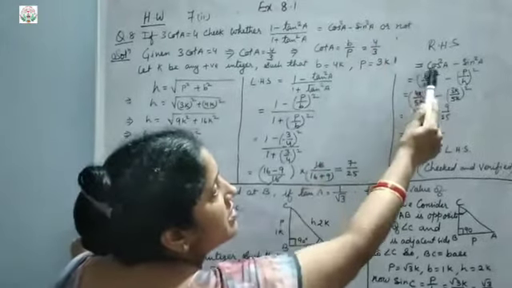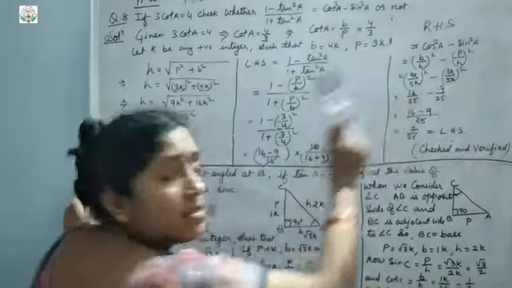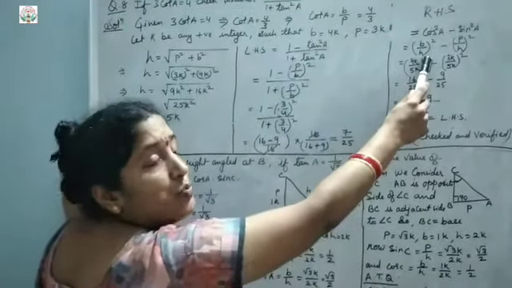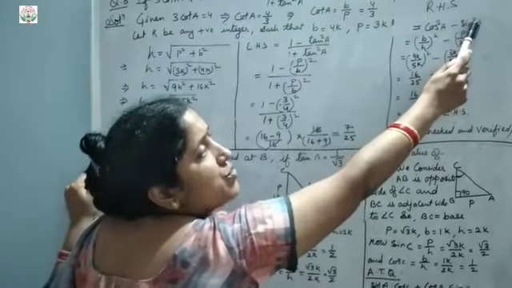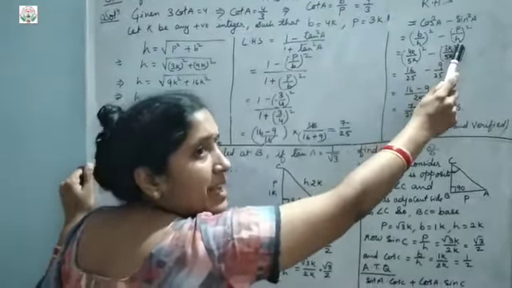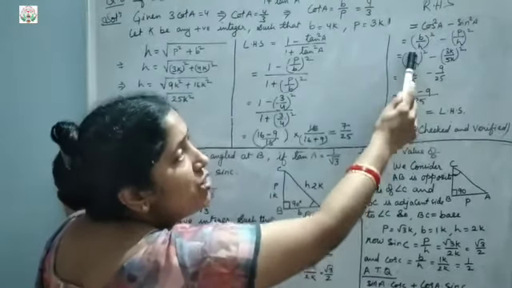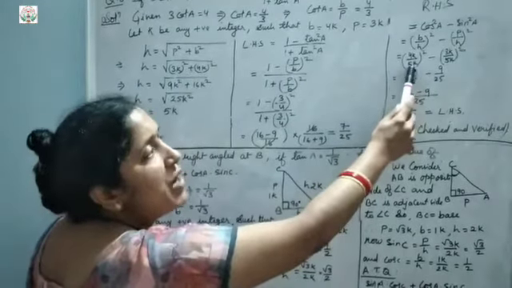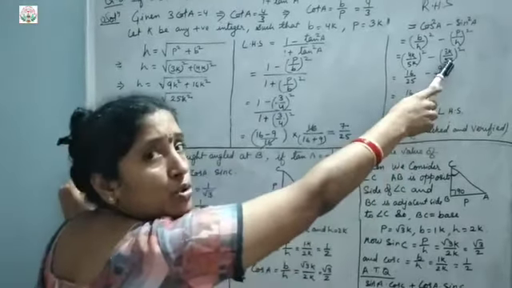Right? Now see the RHS part. RHS equals cos square A minus sin square A. Now cos we know is base upon H whole square, minus sin square A, which is perpendicular upon H whole square. Now put the values of P, B and H here: (4k upon 5k) whole square minus (3k upon 5k) whole square.